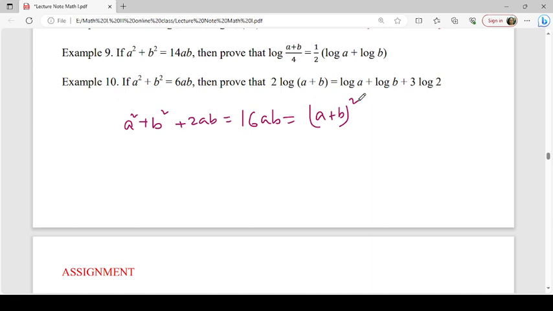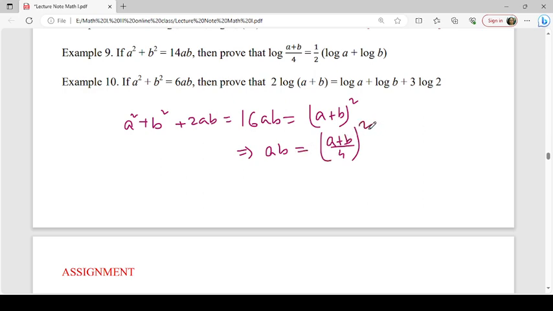So log of the root of 16ab, and log of a plus b by 4. So we write ab is equal to (a plus b by 4) whole square.